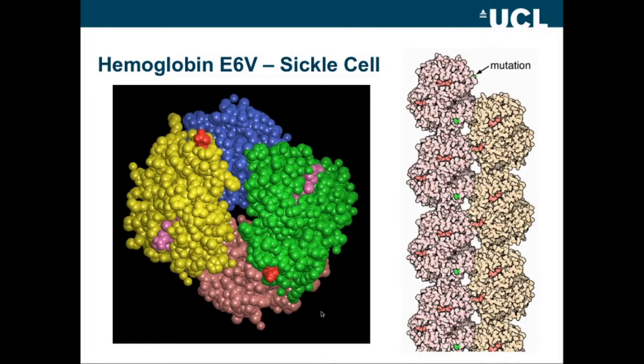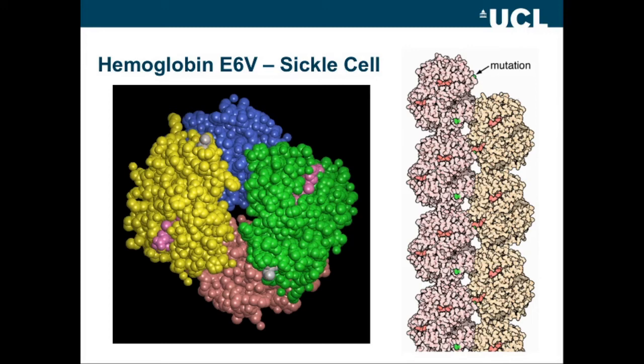So a good example of that in disease is sickle cell anemia. Sickle cell anemia is caused by a single mutation in hemoglobin. Glutamate at position 6, which is shown in red in the flashing image, mutates to a valine. Now that leads to a small hydrophobic patch, and because we've got more than one of them on each individual hemoglobin molecule, because the molecules are tetramers, these can then associate with each other.